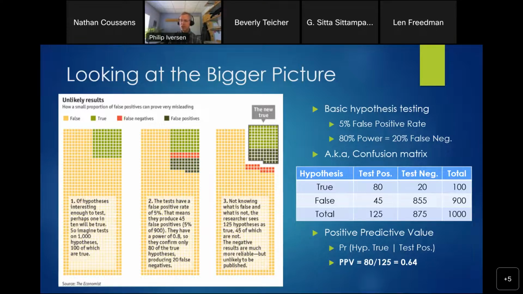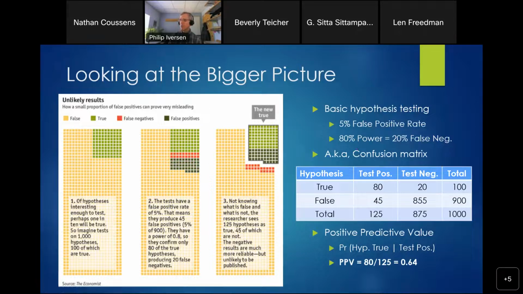You can redo this with 200 true hypotheses out of 1,000, or 50, or 500. The calculations are the same, the results are different. I'll show you a couple of different examples. But the idea is that among your true hypotheses, 20% will be false negatives. You'll miss finding the effect 20% of the time because you've designed your studies to have 80% power.